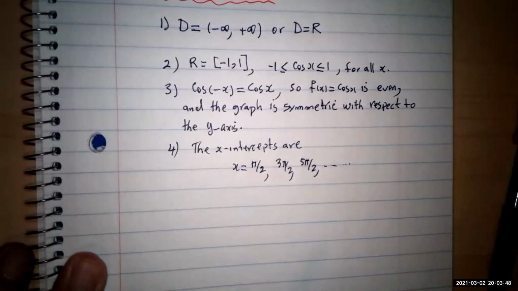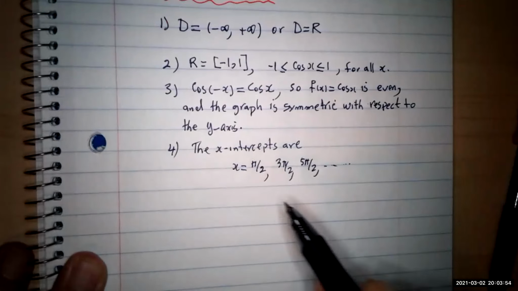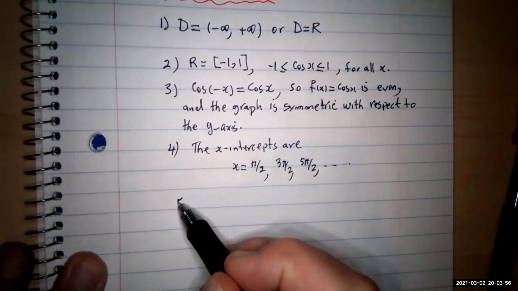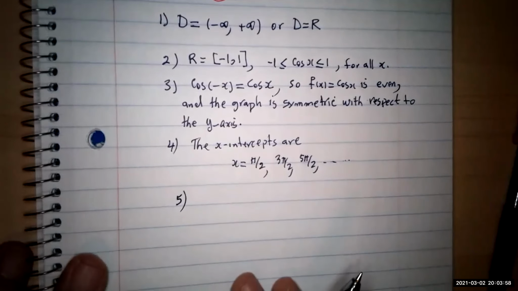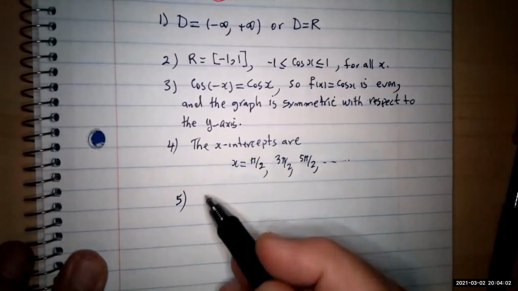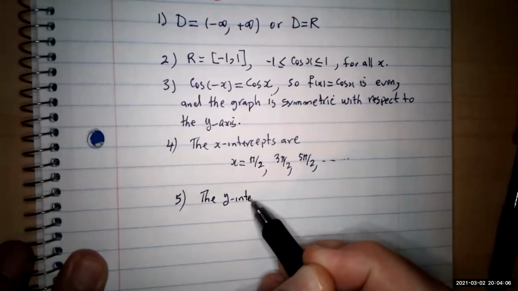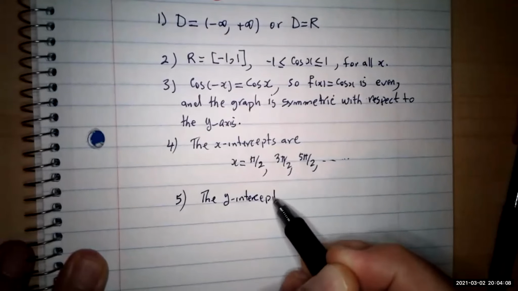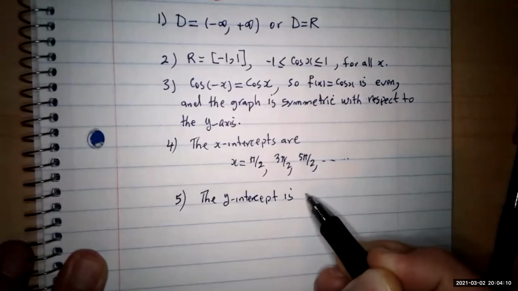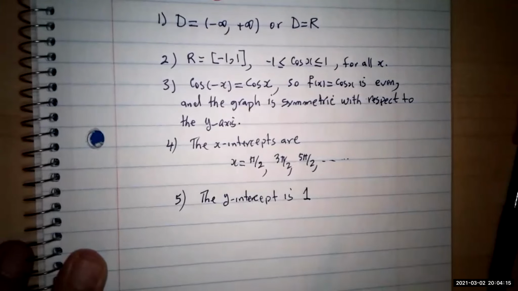And for the y-intercept, if you put x equal to 0, cosine 0 is 1. So the y-intercept is going to be equal to 1.